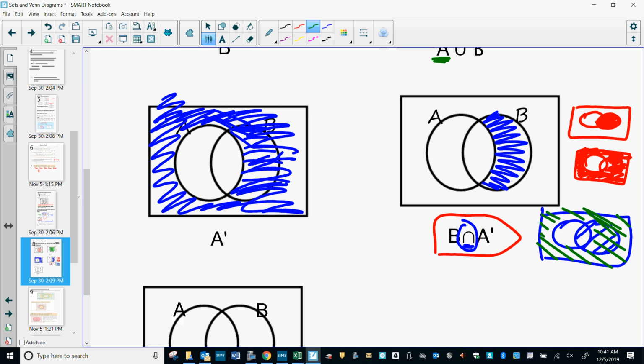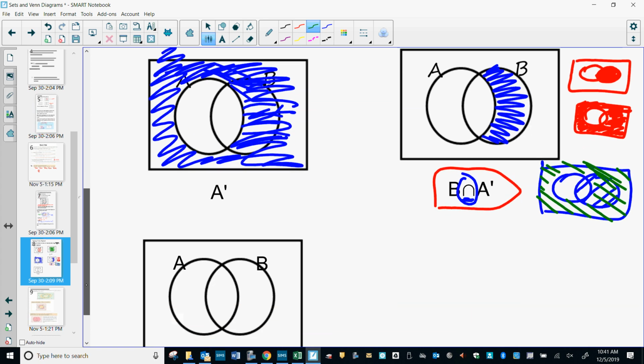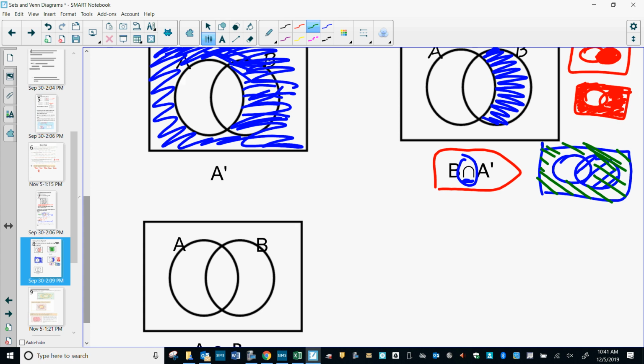And you can see that the only part you shaded with both colours was that crescent. There are different ways of doing this, and everyone has their own preference. But the important thing is that you mustn't shade everything.